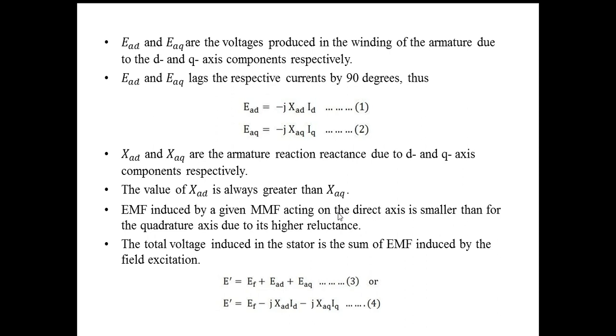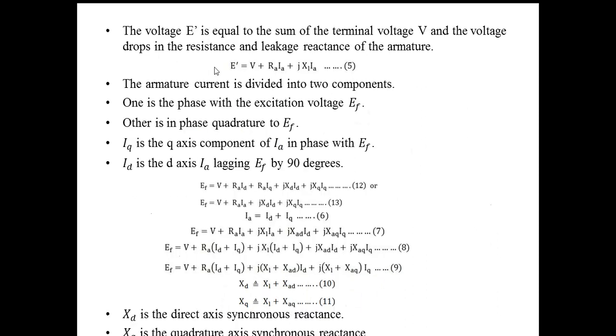So if we try to do the mathematical deduction of the total EMF of the stator, we will get this equation. On substituting the values of EAD and EAQ, this is the equation that we are obtaining. Now we are dividing the components.